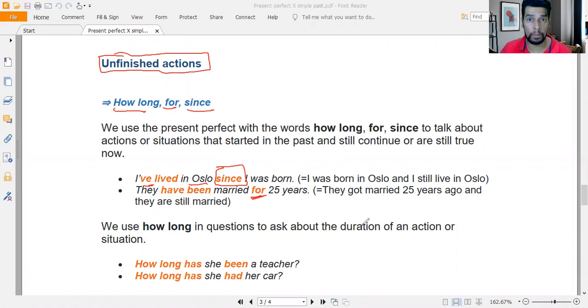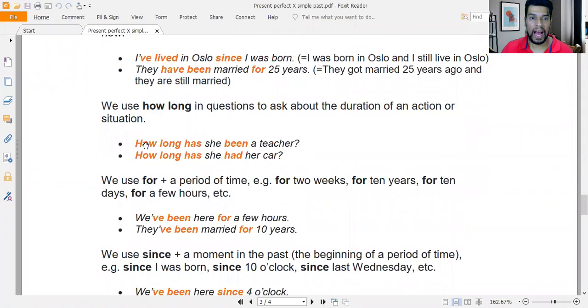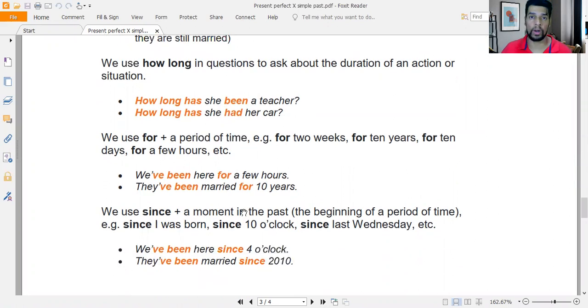They are still married. They didn't break up with each other. How long has she been a teacher? How long has she had her car? Because she is still a teacher and she still has the car. It's something that started in the past and still happens in the present.